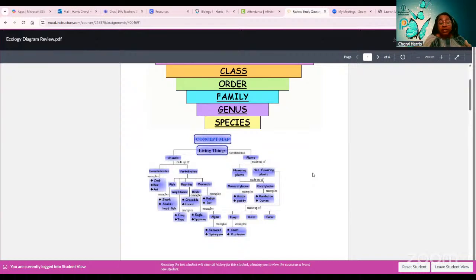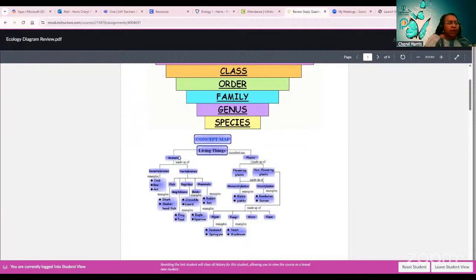Since then, all of these at the bottom have been put into their own group of organisms. So now the algae group is Protista. We have fungi as a group by itself, and then we have plants and animals, and then we have the bacteria one as well. So those are our 5 kingdoms. Right now this particular concept map is just dealing with plants and animals.